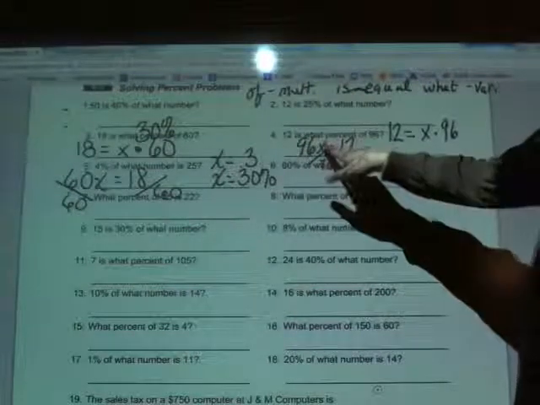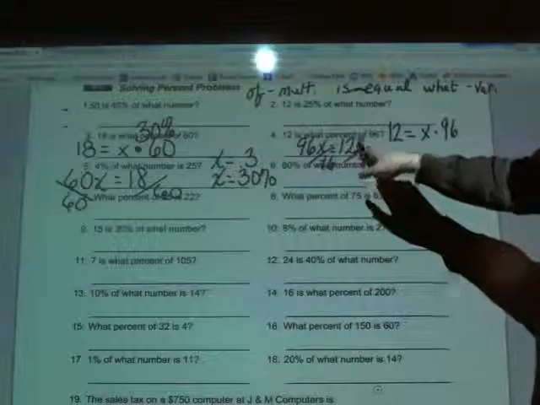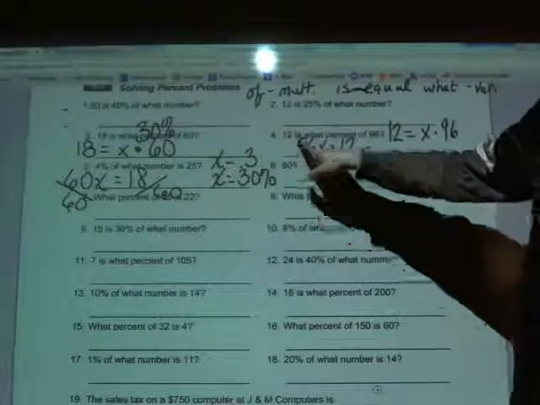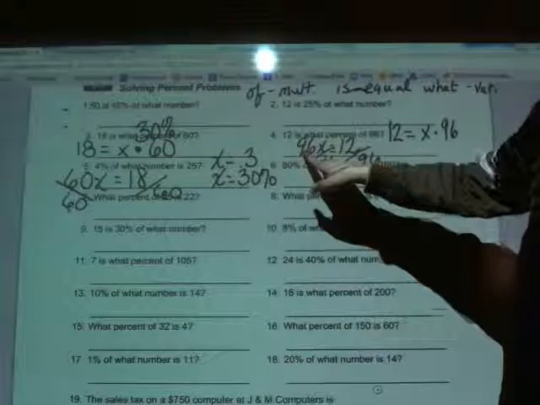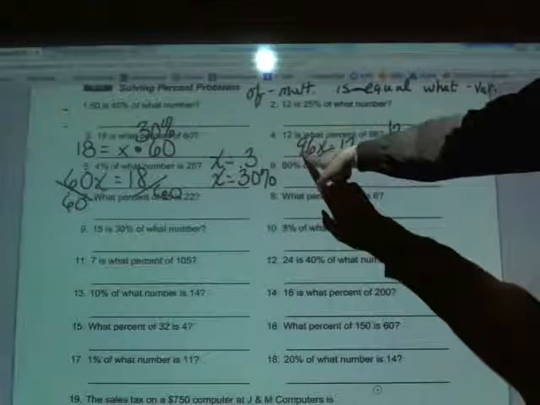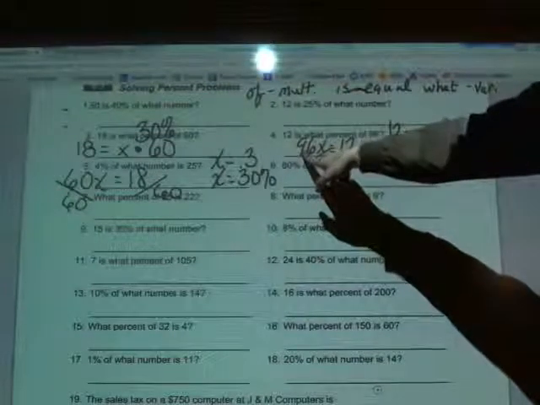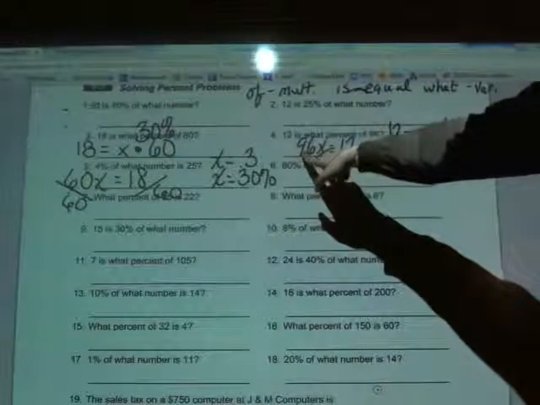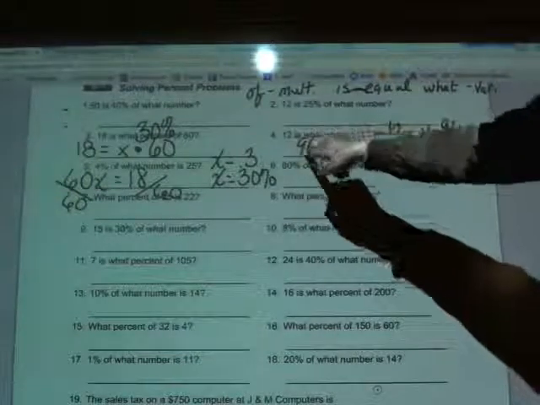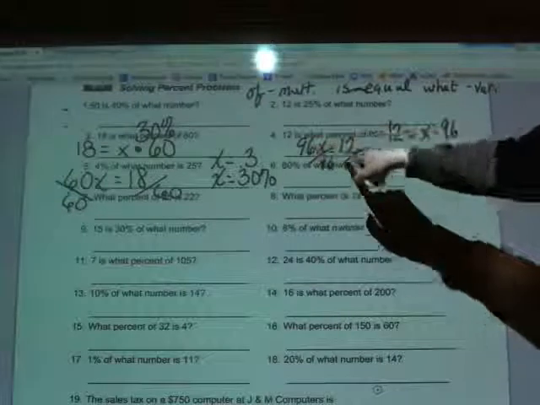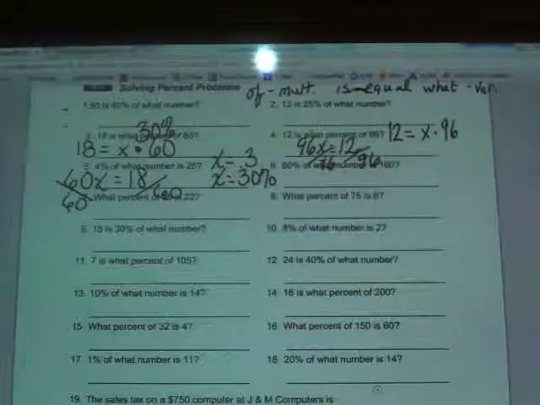Remember, we keep the variable on the left, x, numbers on the right, 12. So the one troublemaker is 96. The one way to move it out of the way is to move it to the other side of the equal sign. To move something to the opposite side of the equal sign, we always do the opposite. So since this says I'm multiplying by 96, that's why I'm now dividing by 96. When I take 12 and divide it by 96, the result there is 0.125.